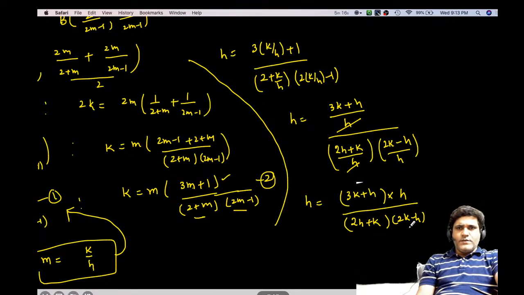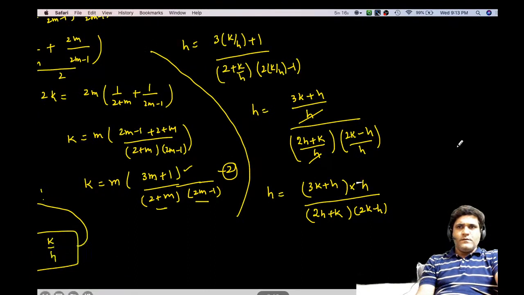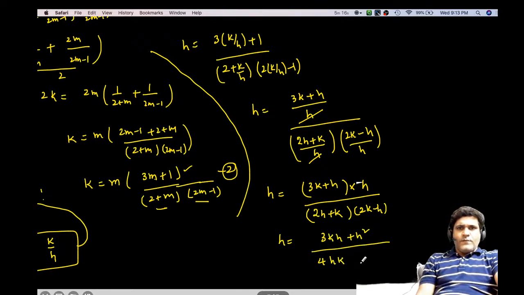Now this is equal to, if you open all the brackets, then what you get: h is equal to 3kh plus h square over 4hk minus 2h square plus 2k square minus hk.